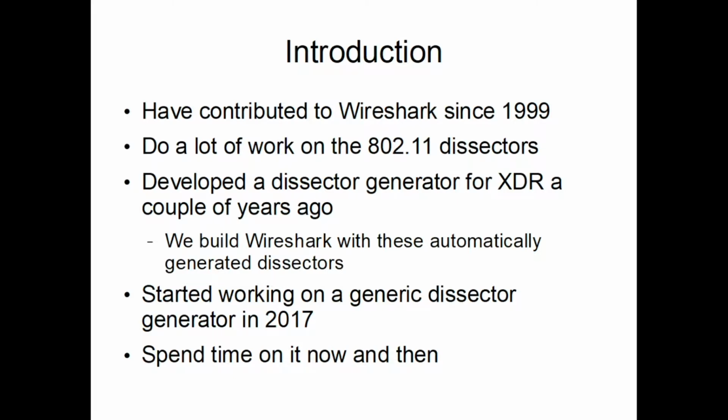But if you can write a description and generate something from that, and as long as the generator accurately reflects the description, then you've got something that is essentially bug-free. And even if there are bugs in the translation of the description to the code, you fix it once, and then you can regenerate all of the dissectors, and they all should be correct, etc.